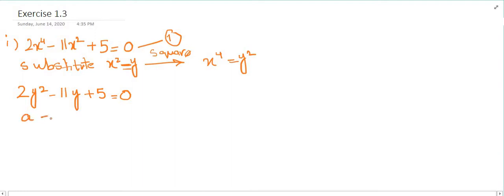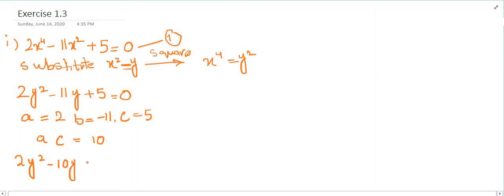Here a is 2, b is minus 11, c is 5, ac is 10. Make the factors of this equation. These are 2y^2 minus 10y minus y plus 5 equals 0.